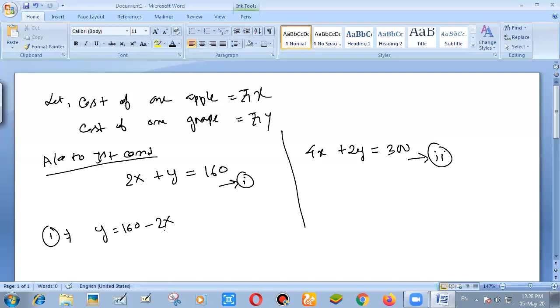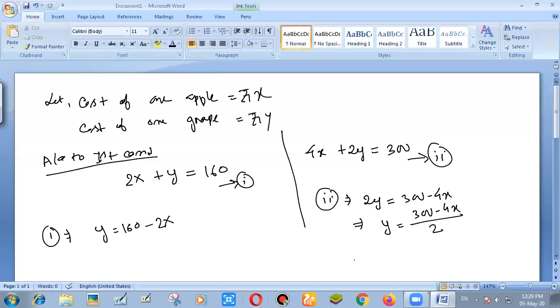Yes or no? Now from the second equation, it will be 2y equal to 300 minus 4x. So y will be (300 minus 4x) by 2. Now you have to make two tables.